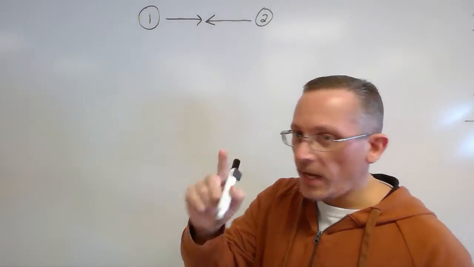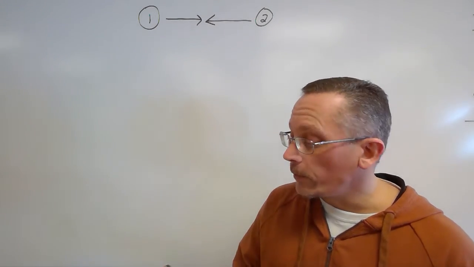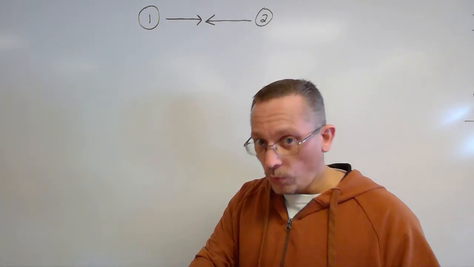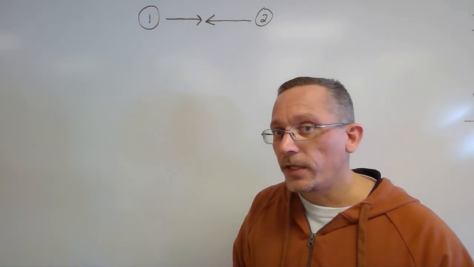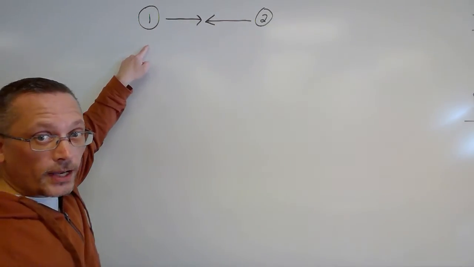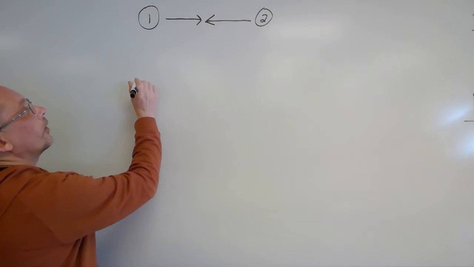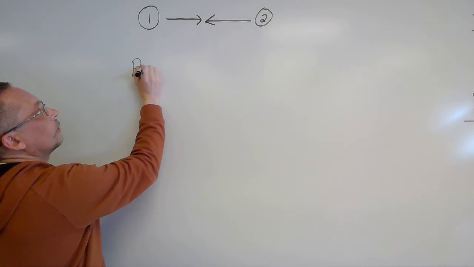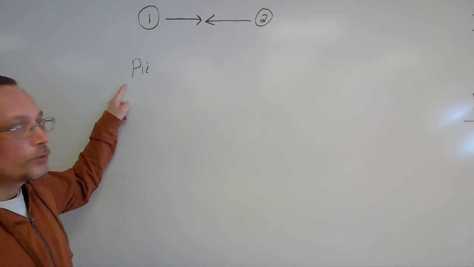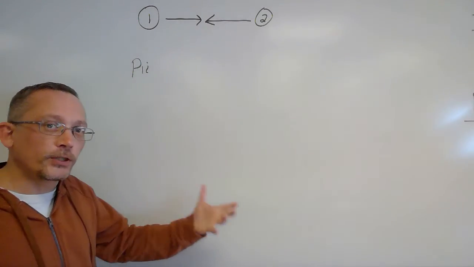So let's do a little bit of math here and derive an equation to describe the conservation of momentum. What we're saying is that their momentums before the collision equal their momentums after the collision. For object 1, its momentum before the collision, I'm going to call P1I, the initial momentum of object 1.